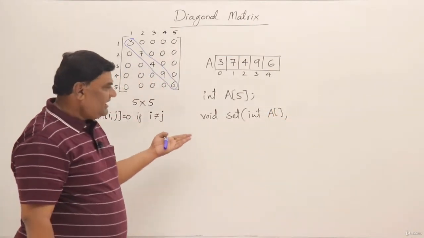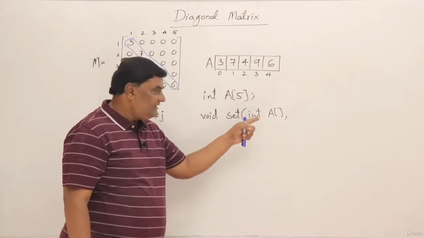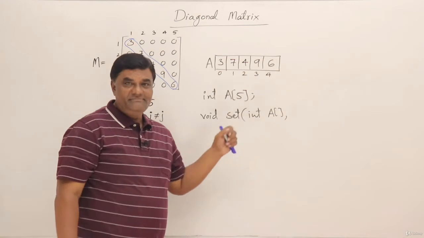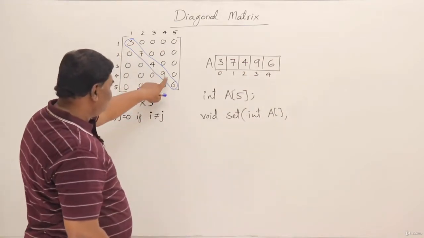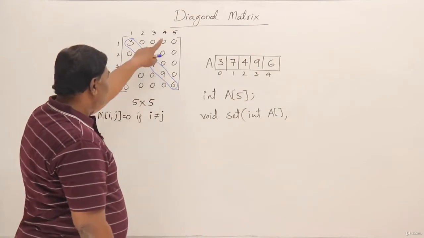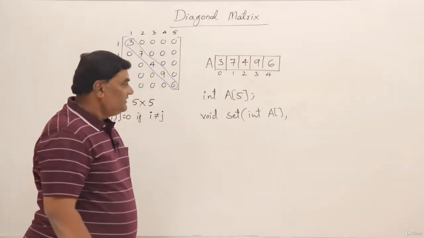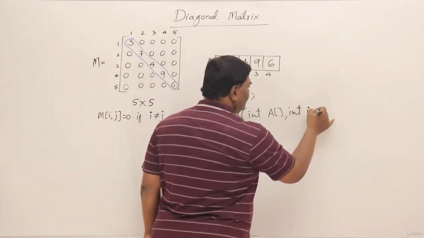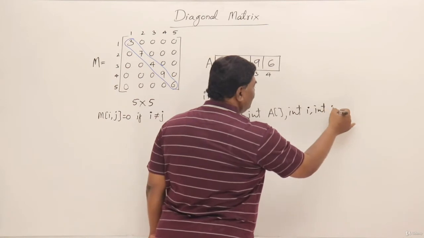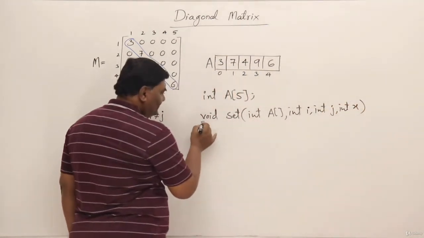In my program, I may have many matrices which are diagonal matrices, so whichever diagonal matrix it is, I can pass it as a parameter. Then it needs the element, along with the row number and column number, that is i and j.